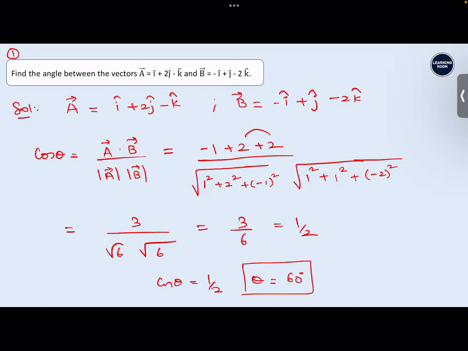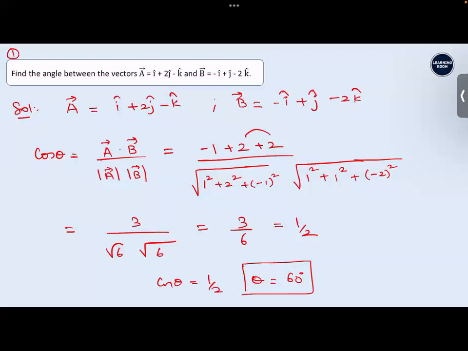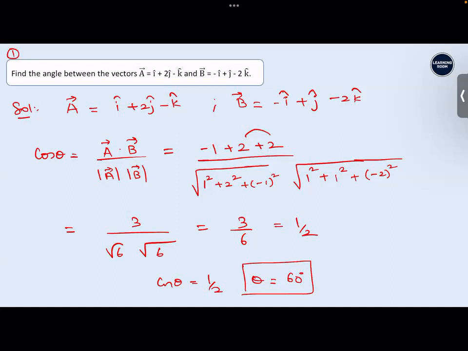If I have to write the same thing in radians, how will you do it? 60 into pi by 180. Why did that pi by 180 come?